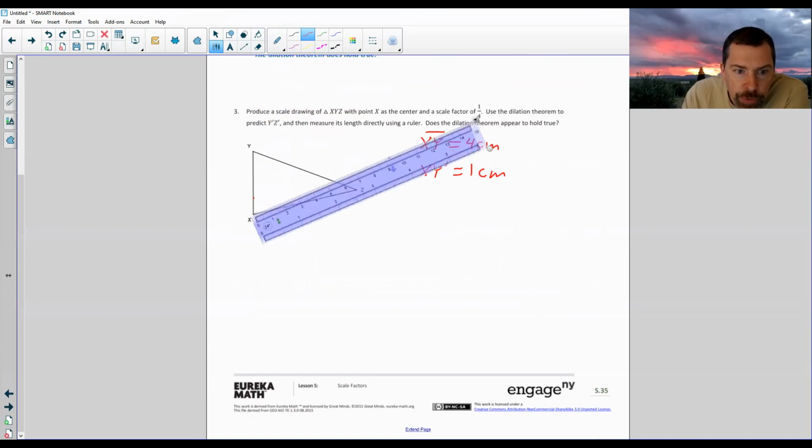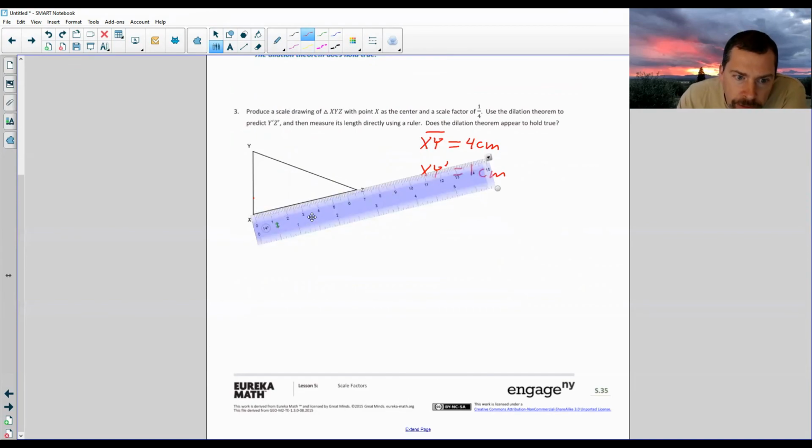I'm then going to rotate XZ. XZ is, let me just move it a little bit, 6.7. Okay. XZ equals 6.7 centimeters.